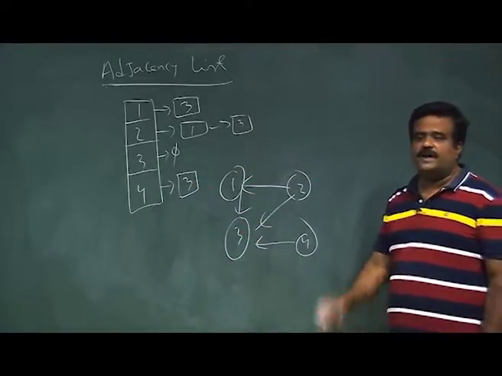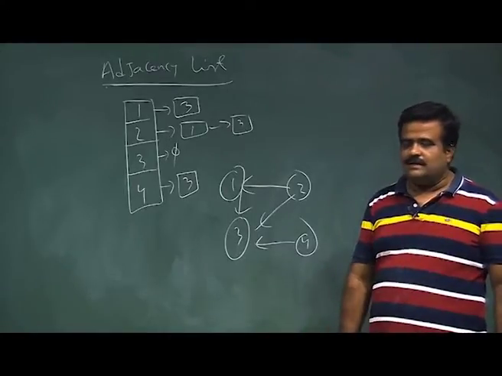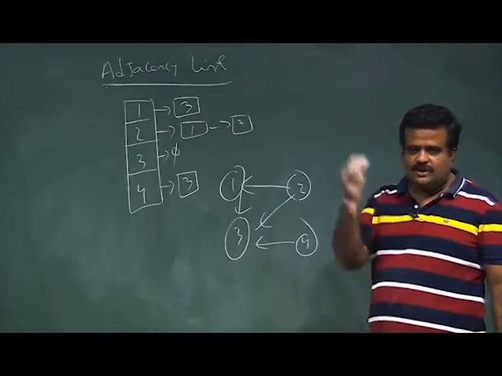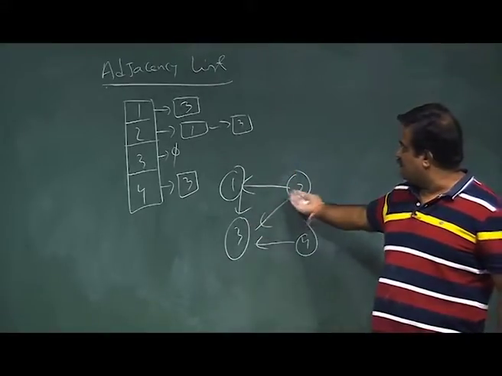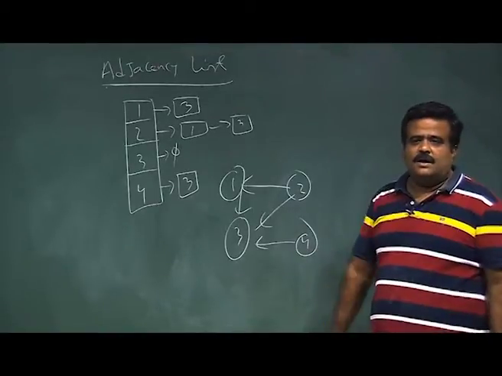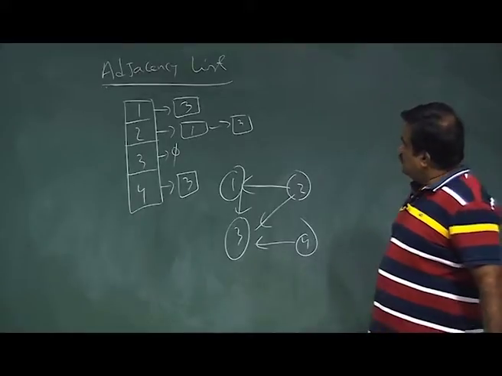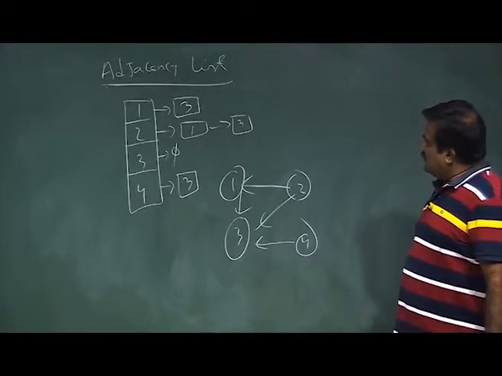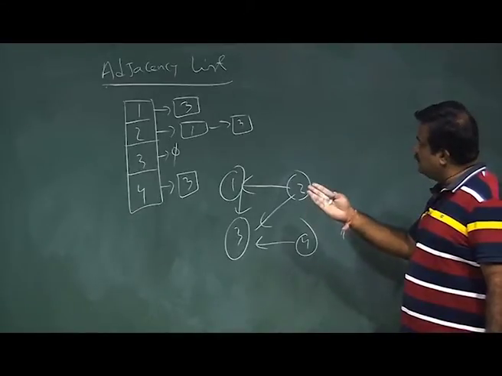So, from each vertex we have a linked list kind of thing, that contains the vertices which are connected to it. If it is a directed graph, we follow the direction; otherwise if it is an undirected graph, we have no direction, and we just take the vertices connected to this vertex. Okay. So, this is the adjacency list representation.